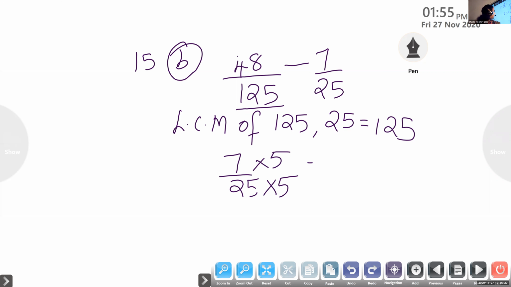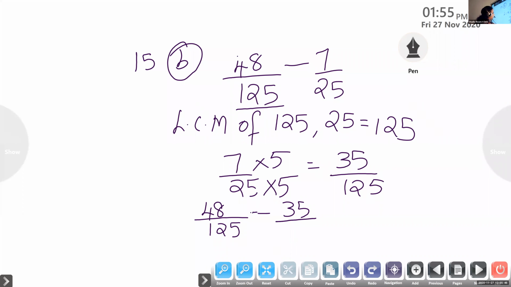So 7 into 5, 35 by 125. Now do this calculation. 48 by 125 minus 35 by 125. Yes, tell me the answer here.